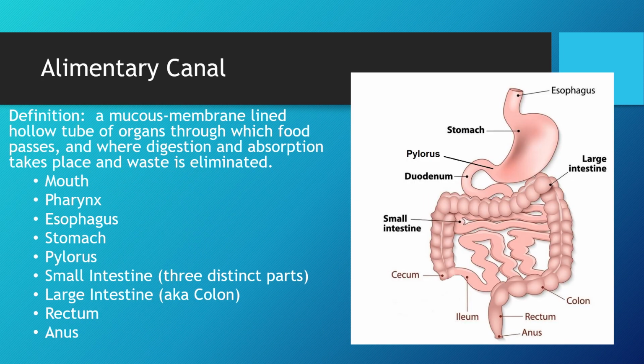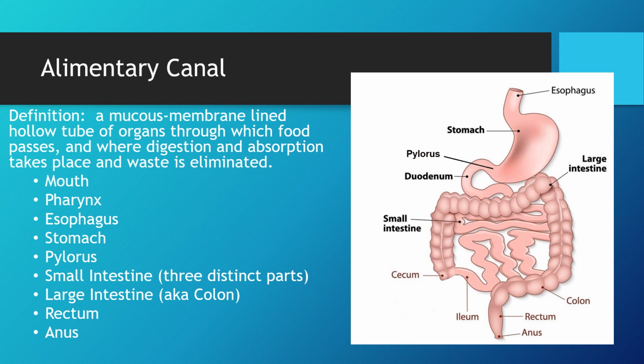We're going to start diving into the alimentary canal, and we're going to talk about this at length in the rest of these slides. The definition of this canal: it's a mucous membrane lined hollow tube of organs which food passes through and where digestion, mechanical and chemical breakdown occur, and absorption also occurs. It's also where waste is eliminated from.